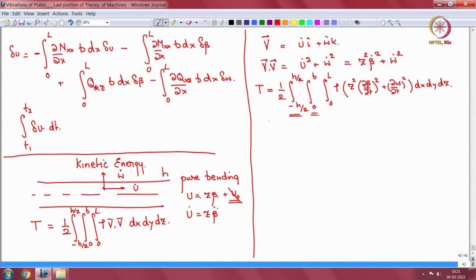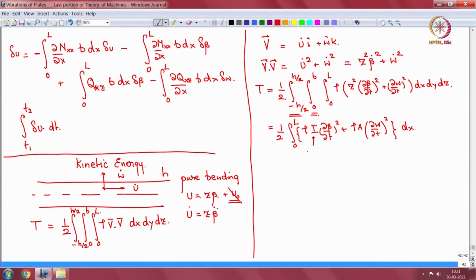What that gives me is integral 0 to L of rho I del beta by del t whole squared plus rho A del w by del t whole squared dx.